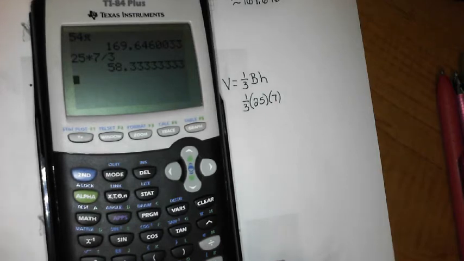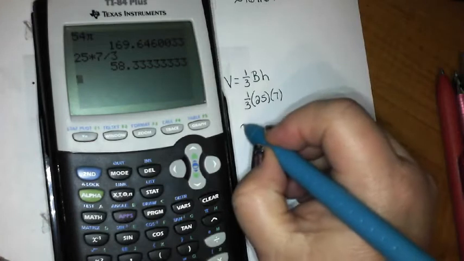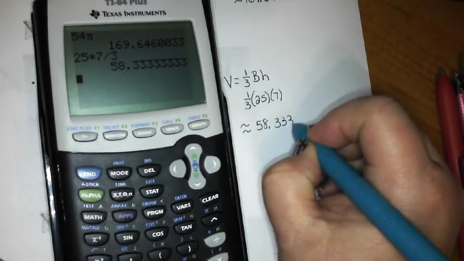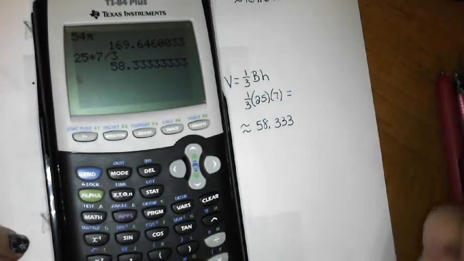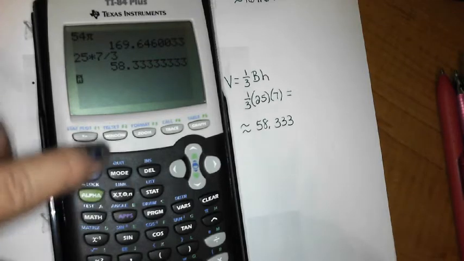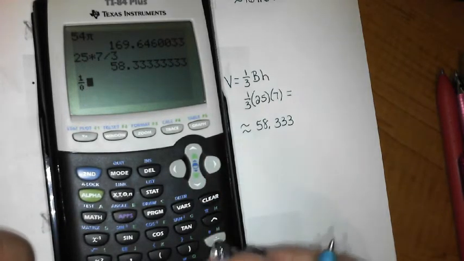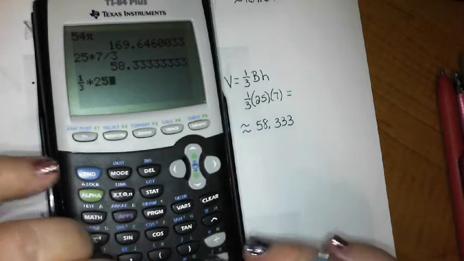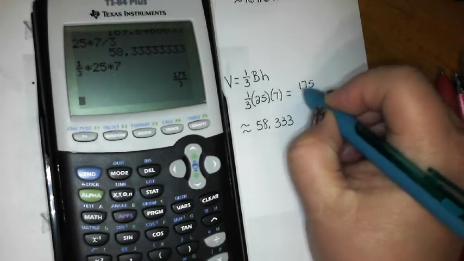If they ask you to round it to the nearest thousandth, you could say 58.333, or I personally prefer it as an improper fraction. You would do 1/3 times 25 times 7, and you would get 175/3.